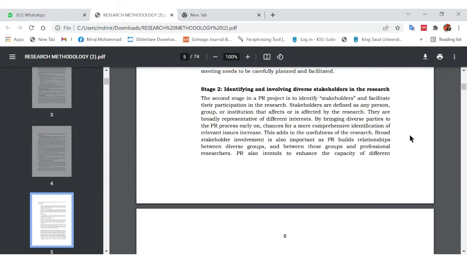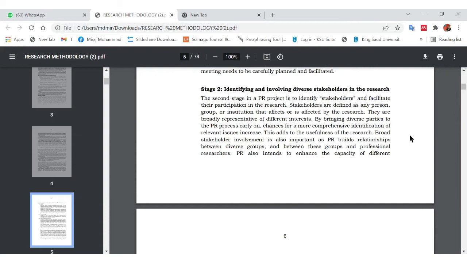So they are the broad representative of the different interest groups. By bringing diverse parties to the PR process early on, there are chances for a more comprehensive identification of the relevant issues. Because if you can properly manage diversity, you can address the issues of all the different stakeholders, because the more you try to make it homogeneous, that might fail.